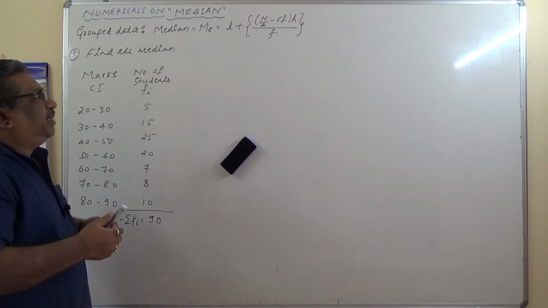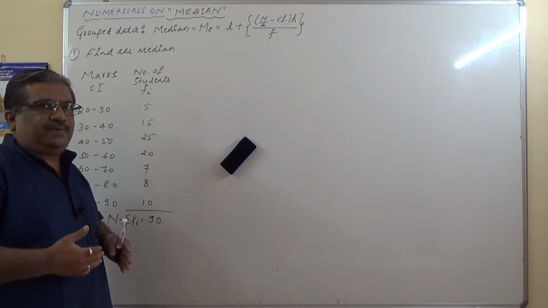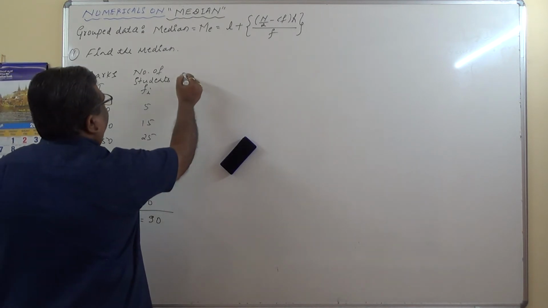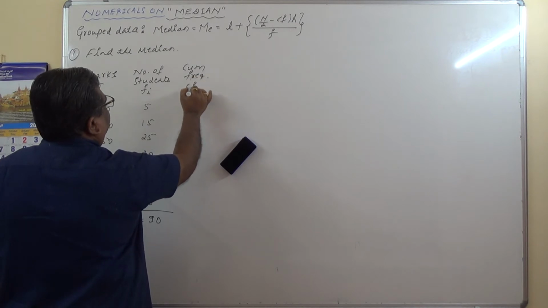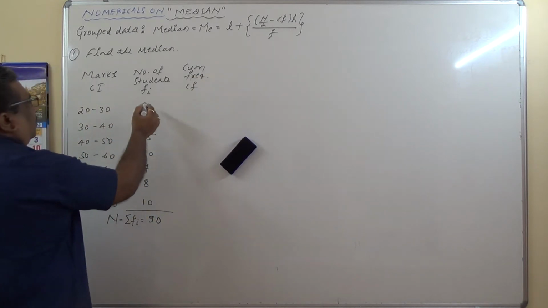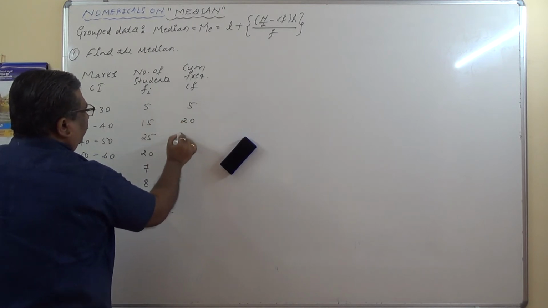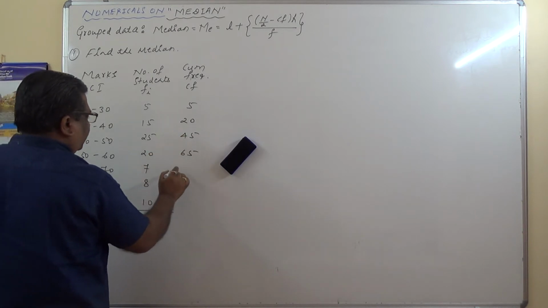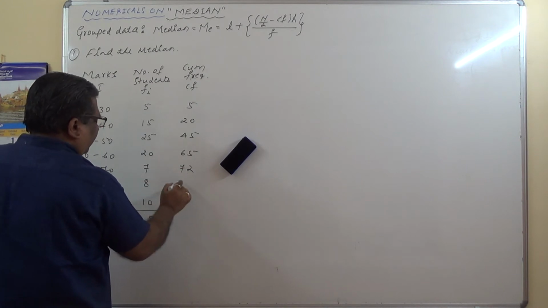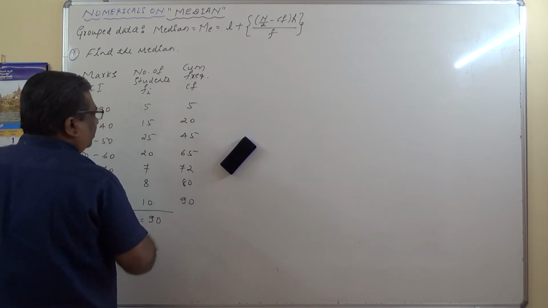We need to find the cumulative frequency, because to find the median we have to prepare the cumulative frequency distribution table, and therefore cumulative frequency, that is called Cf. Now 5 as it is over here, 15 plus 5 is 20, 20 plus 25 is 45, 45 plus 20 is 65, 65 plus 7 is 72, 72 plus 8 is 80, 80 plus 10 is 90. So we have got the cumulative frequency.